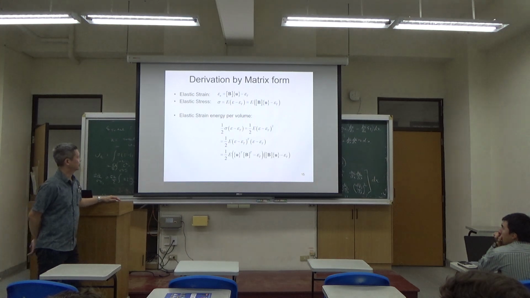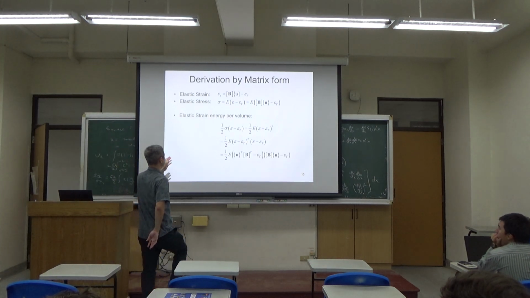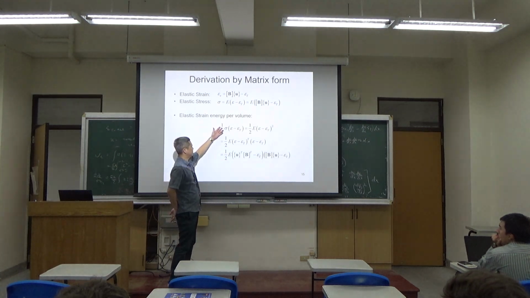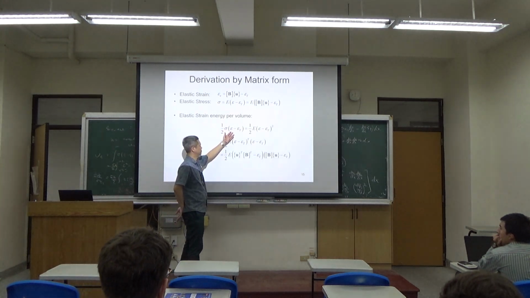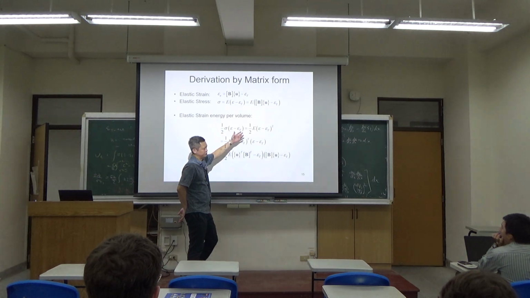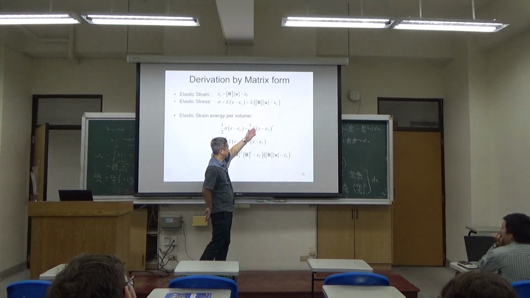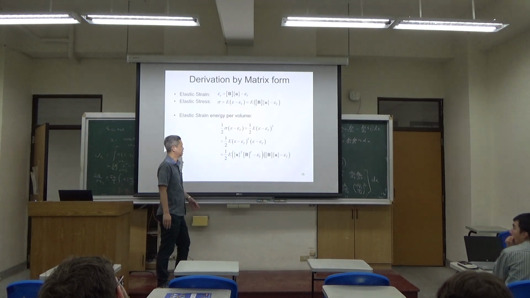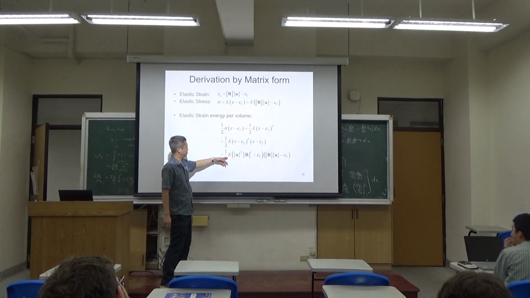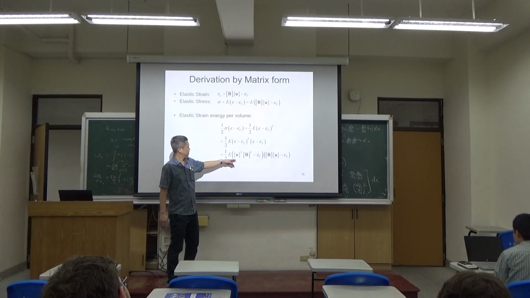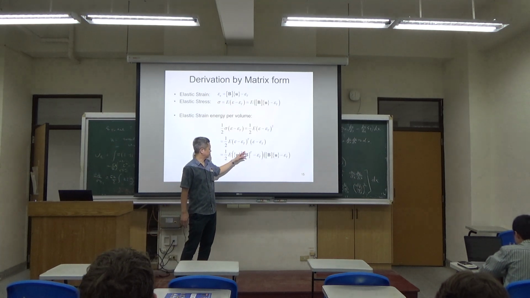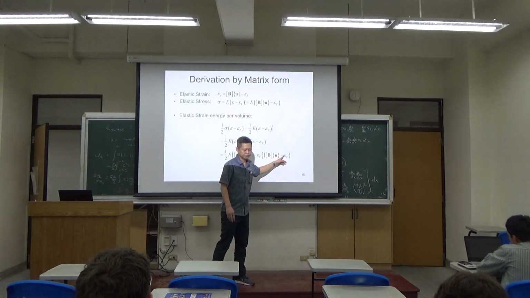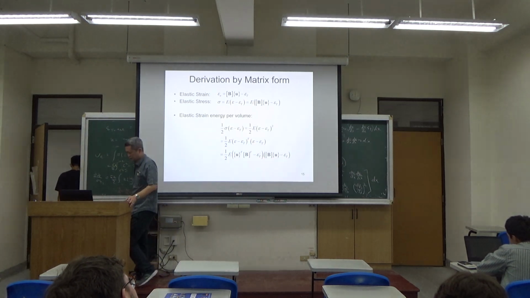Okay? And then next, what is the elastic strain energy per volume? It's just half the stress times strain, or you can express it as half times Young modulus times the net mechanical strain squared. If you do the expansion, you can also write them in the matrix form like this: E, U, B transpose minus the thermal strain is the scalar times the B matrix times Q minus the scalar.